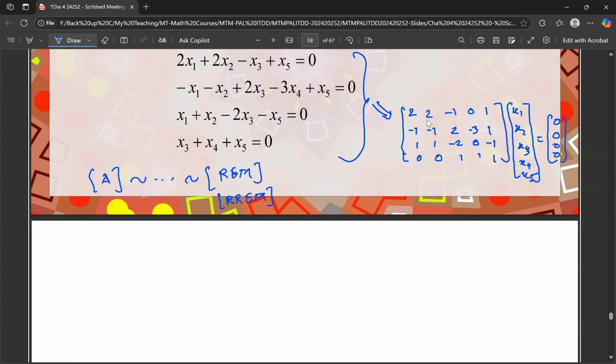This is our goal. So we make an augmented matrix: 2, 2, -1, 0, 1, 0. We put the right side here. -1, -1, 2, -3, 1, 0. Here, 1, 1, -2, 0, -1. And this is 0, 0, 1, 1, 1. And this will be our augmented matrix. Okay.